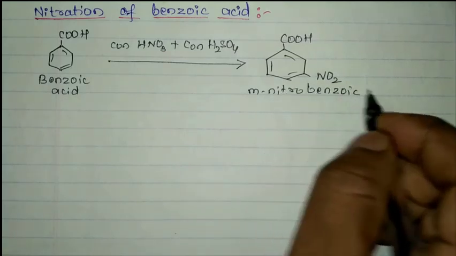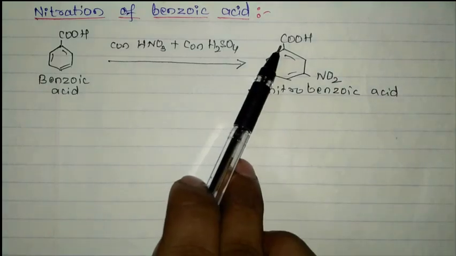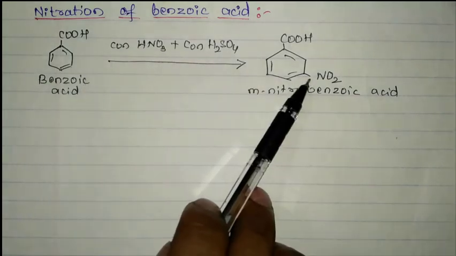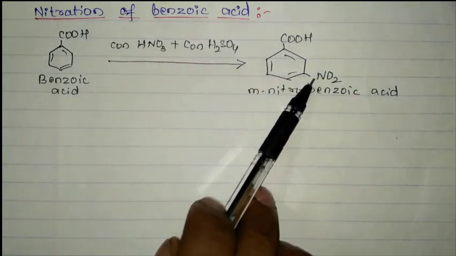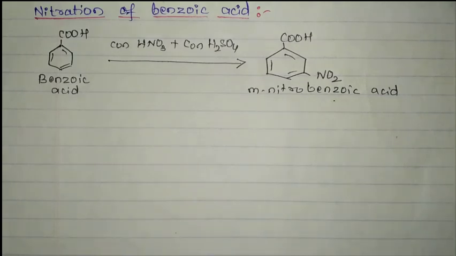As the carboxyl group is deactivating and meta-directing, the NO2+ electrophile attacks the meta position, so we are going to get meta-nitrobenzoic acid.